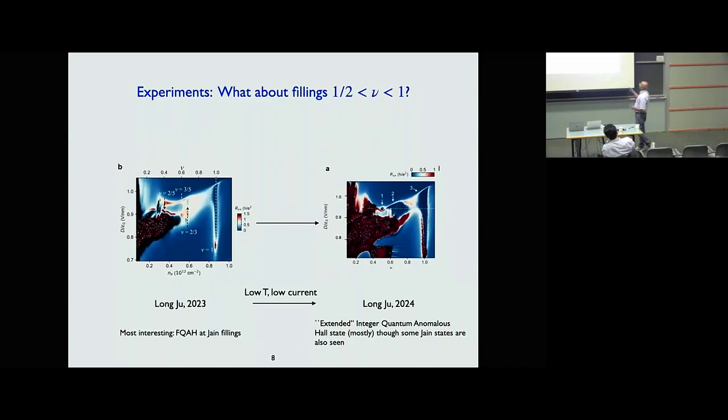So now you see this thing dominating. It dominates, but the Jain states are also seen. It's not that the Jain states are gone. Some of the Jain states are also seen in the same phase diagram, right? And the Jain states make a reappearance when Long does various kinds of perturbations to this phase diagram. Okay, so that's the new story.